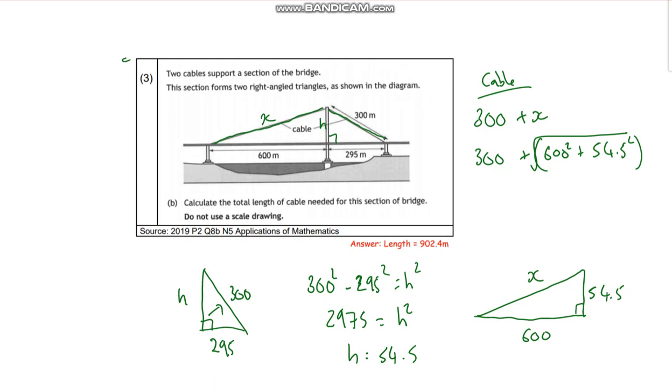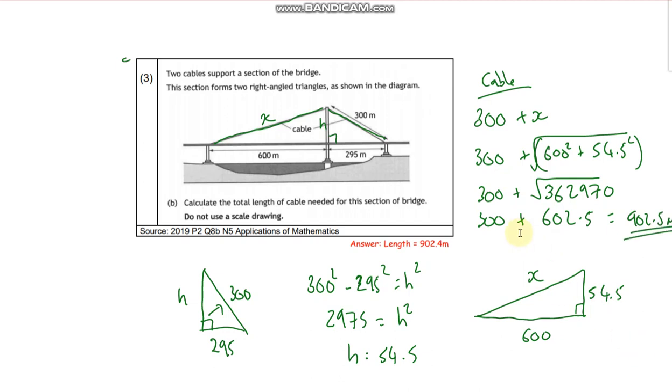So that's 300 plus the square root of 362,970. So it's 300 plus the square root of that, and that's 602 point, I've got 0.5 when I round it. So all in, it's 902.5.